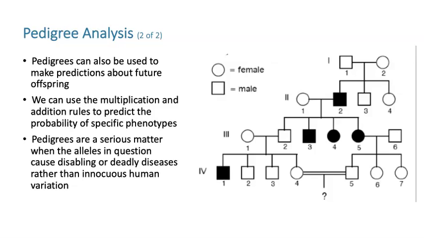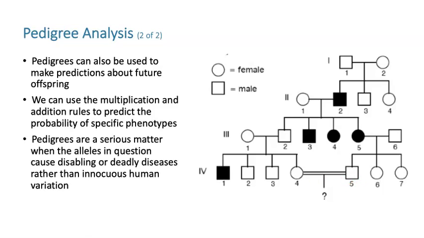And then just something else that's important here. Sometimes we do see these double lines connecting individuals, and double lines connecting individuals means that closely related individuals are having babies together. So these would be cousins that are having kids together.